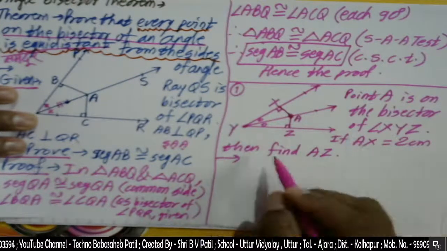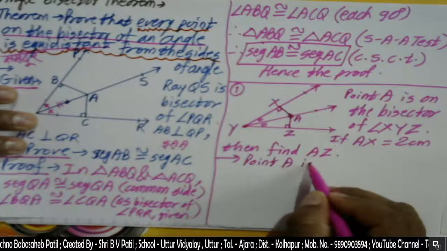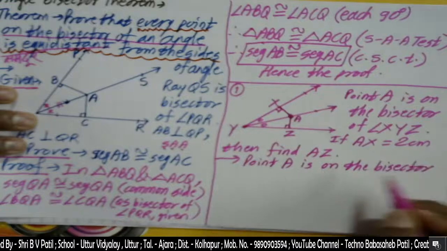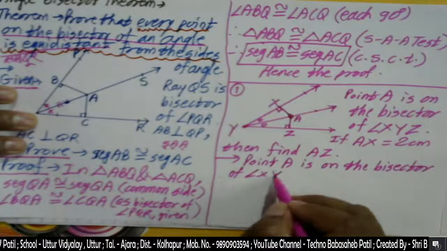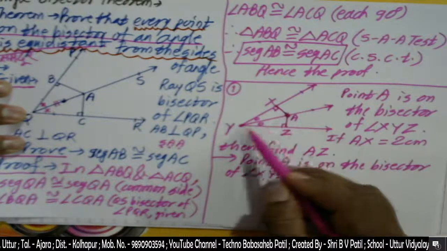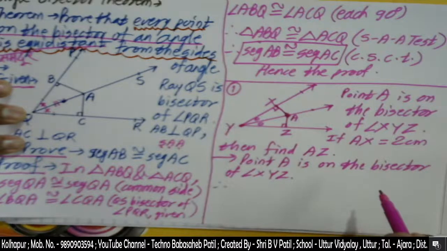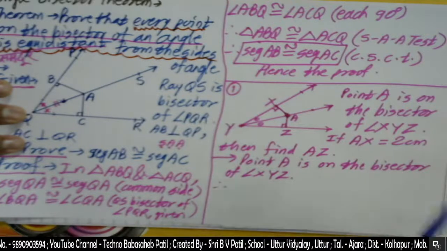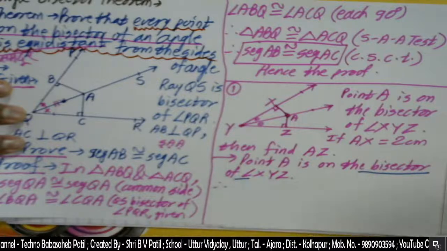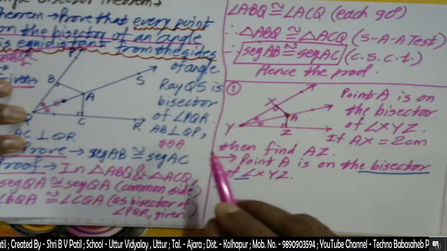Here given is point A is on the bisector of angle XYZ. When bisector of angle is given, then we can use angle bisector theorem.